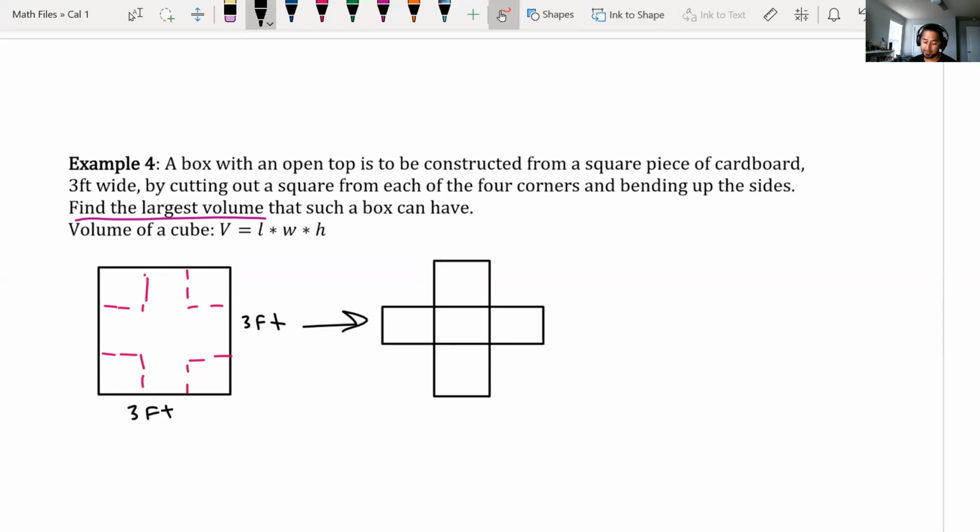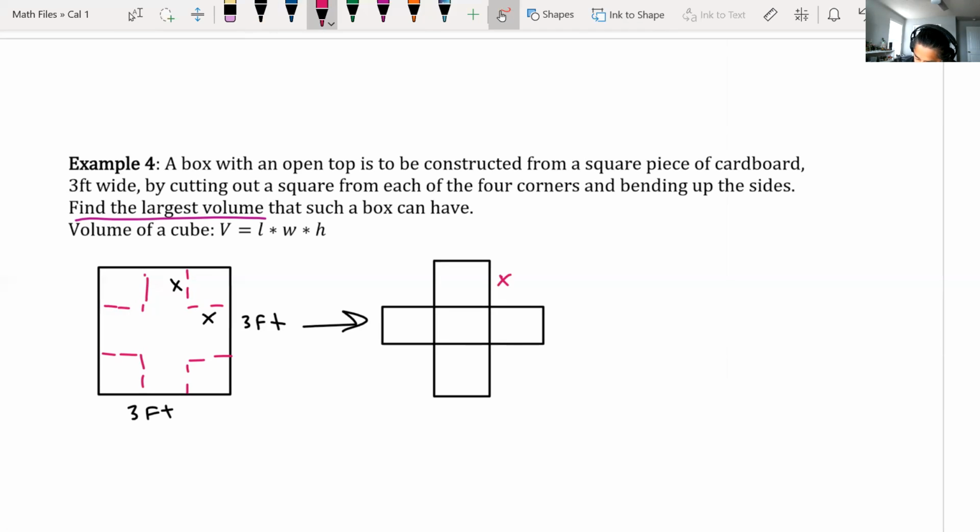So this means that let's go ahead and start labeling things. Let's go ahead and say that whatever we cut out, let's label that X. So from our cutouts, those lengths will be X. So this is going to be X, and this will be X as well.